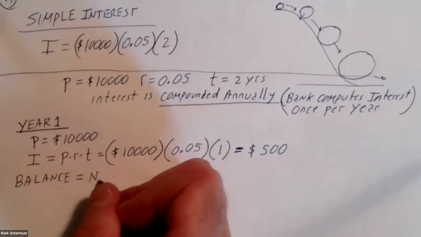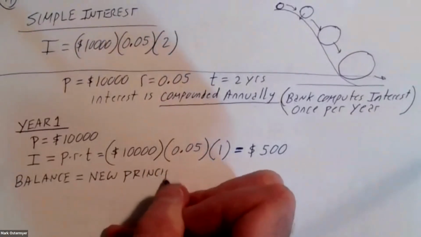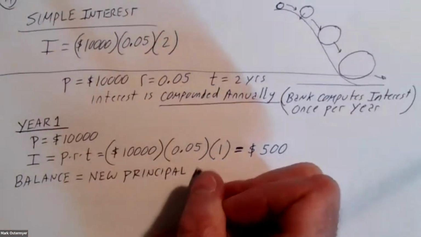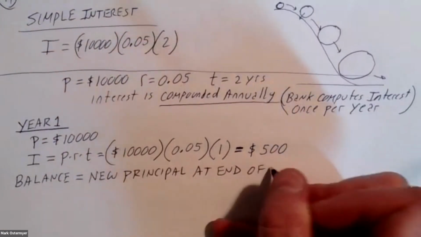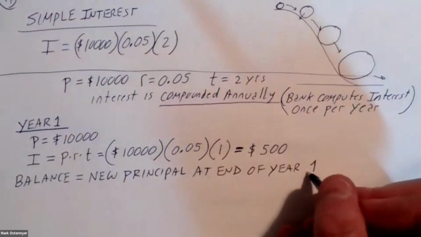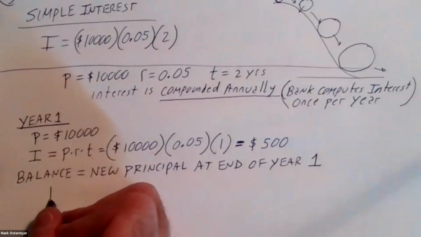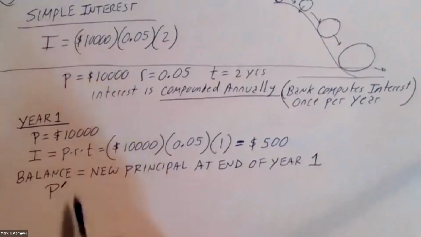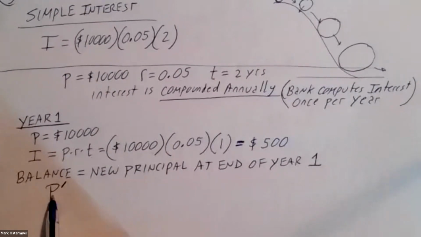or the new principal? What would be the balance or the new principal at the end of year 1? What's going to be in our account at the end of year 1? The new principal, ladies and gentlemen, I like to call P prime. Prime means it's an updated value of your principal. It's new.